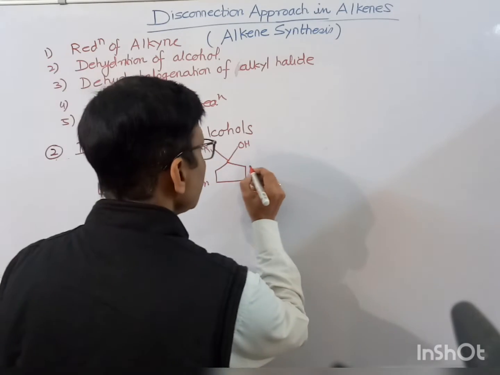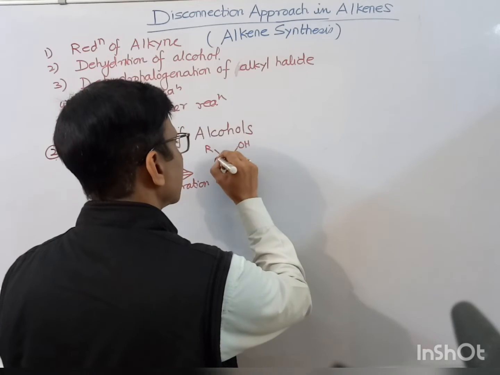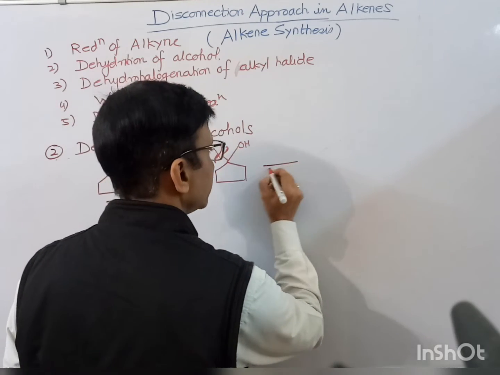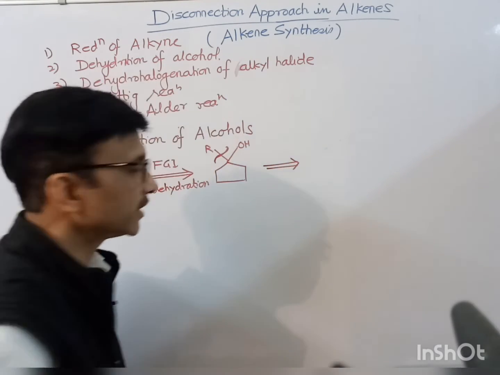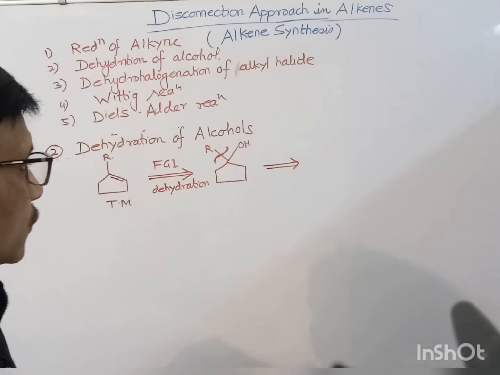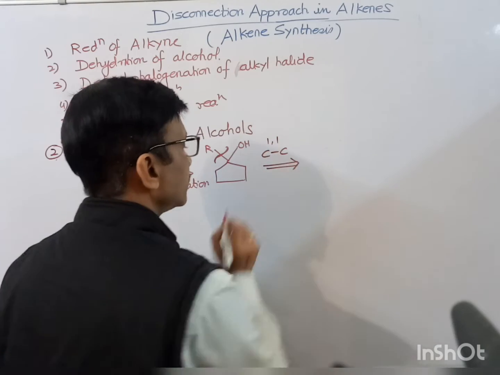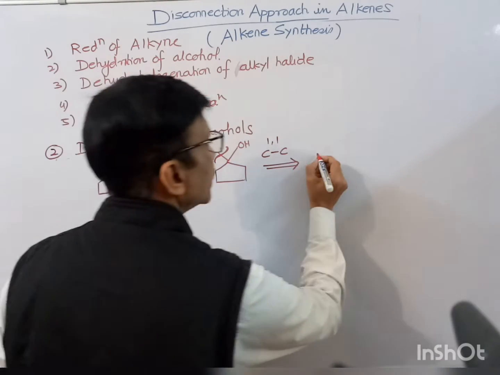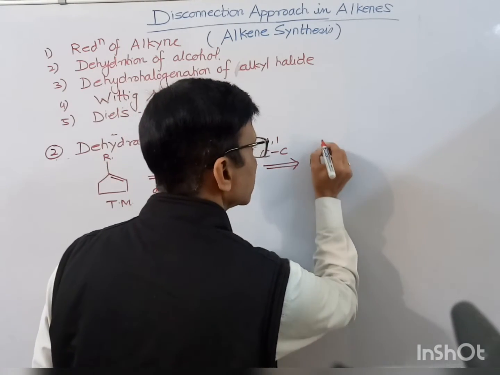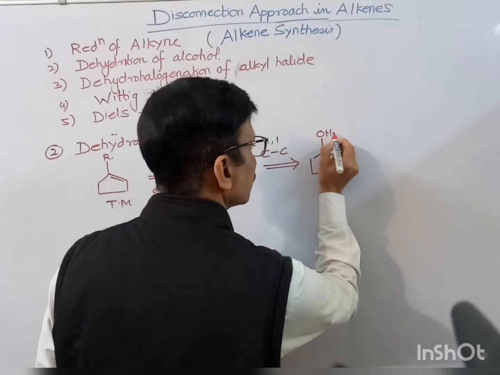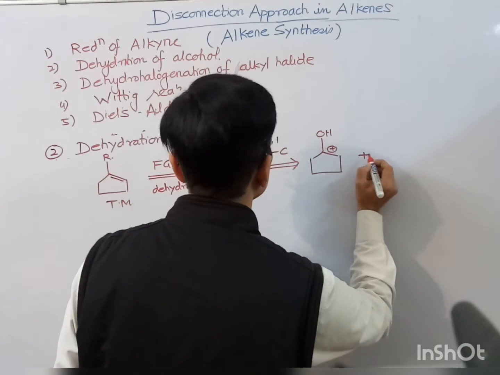Okay, now it can be disconnected. I have given you the strategy for the disconnection of alcohols. So it will be disconnected from here. One carbon disconnection will occur, and you will get this synthetic equivalent, and the next one is this.